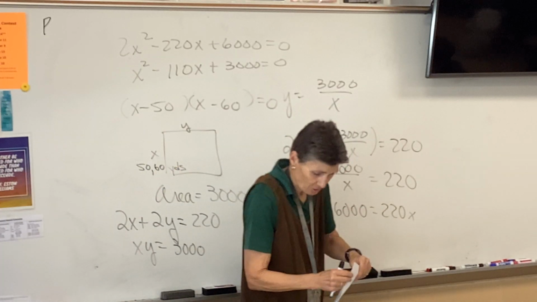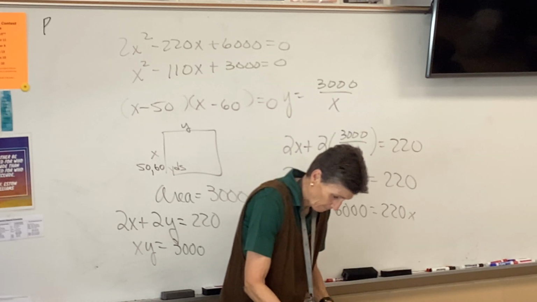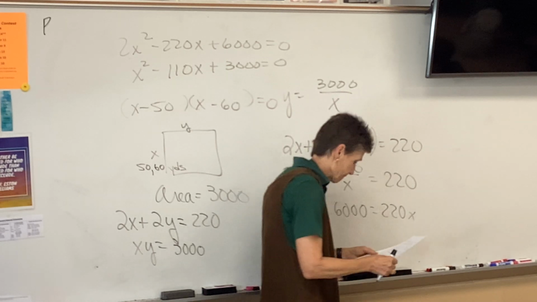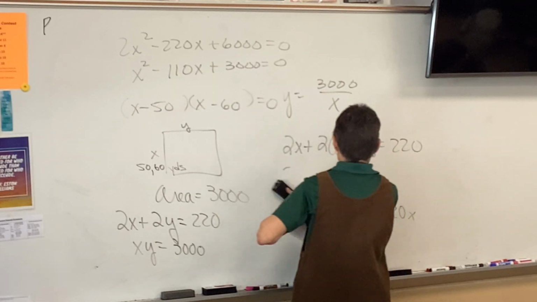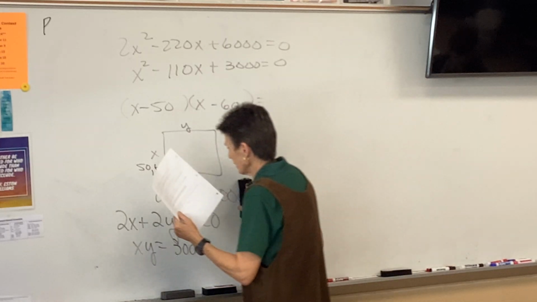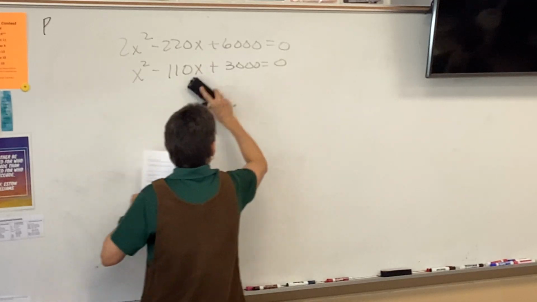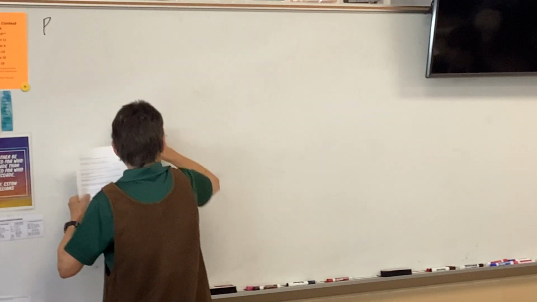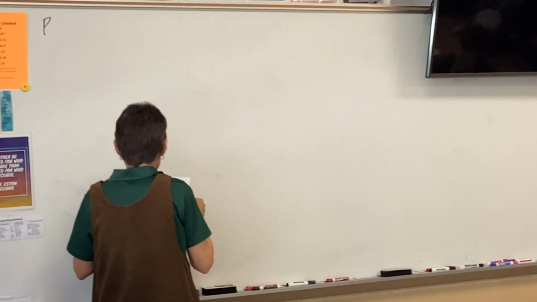Alright, so let's just do a couple extra practice problems here. So I don't know, you got a piece of paper somewhere? You can write on the desk if you want, you just have to make sure you erase it completely. Markers and rags are back there in the back.